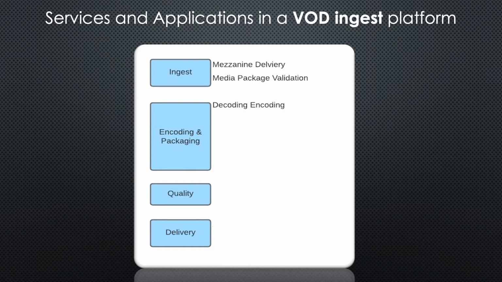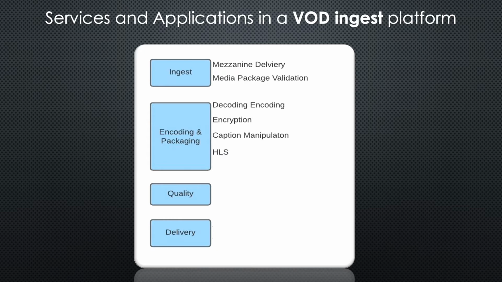In encoding and packaging, we'll have the initial decoding and the encoding of the video. We may have encryption happening at this step. There may be some sort of caption manipulation, whether that's changing the captions in the current video file or manipulating it in some way, or even exporting the captions to a sidecar file.